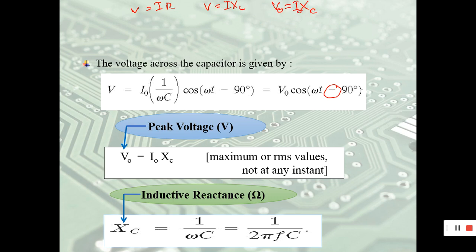XC here is the reactance for the capacitor, where XC equals 1 over omega C. Omega is 2 pi f, and C is the value of capacitance.